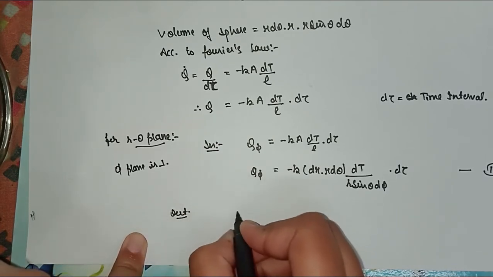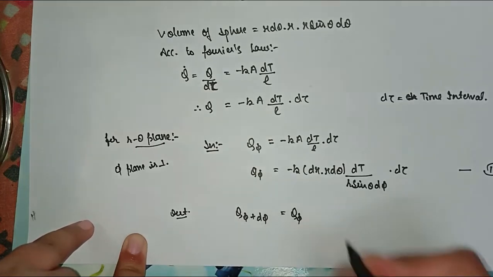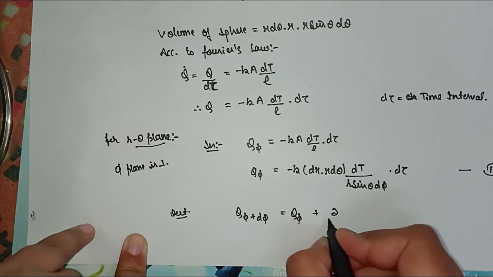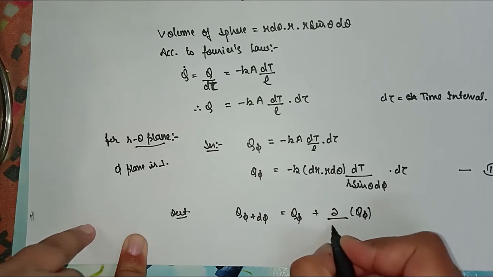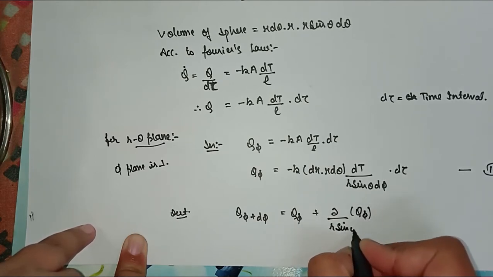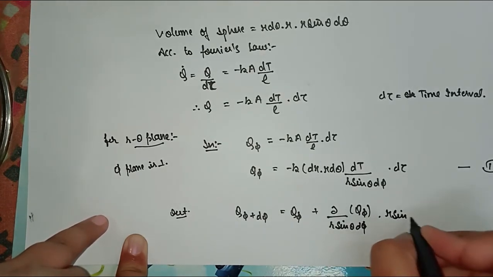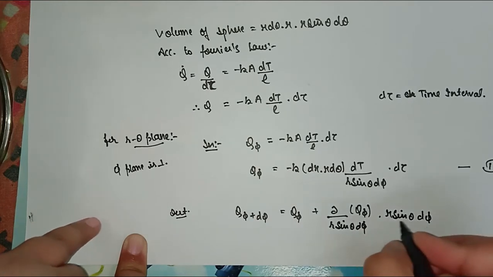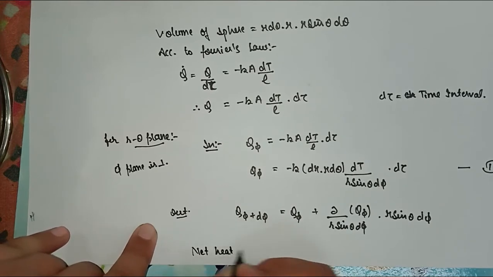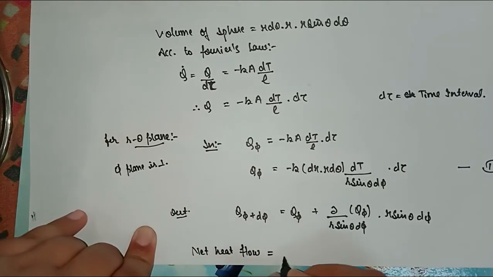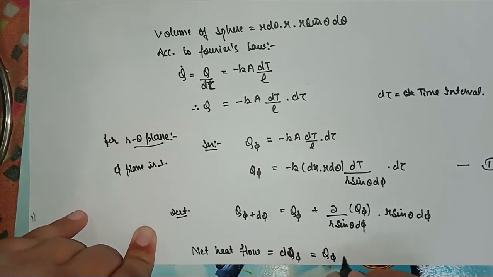Similarly, the heat that will go out of the system will be Q phi plus d phi, and this will be equal to Q phi plus the partial derivative of Q phi with respect to r sine theta d phi into r sine theta d phi. Therefore, the net flow will be Q phi minus Q phi plus d phi.